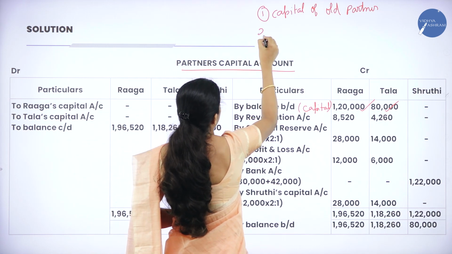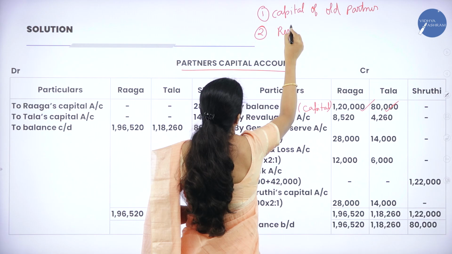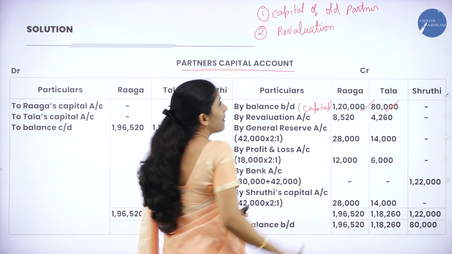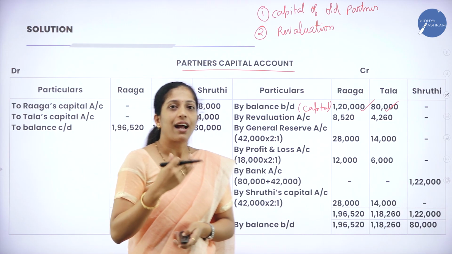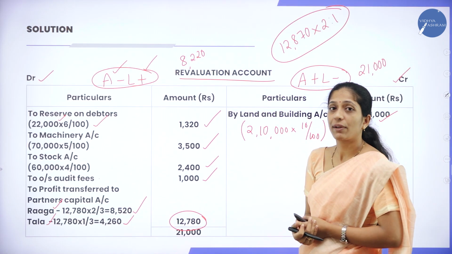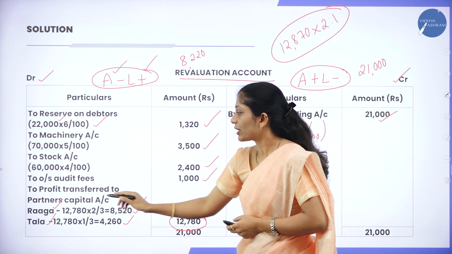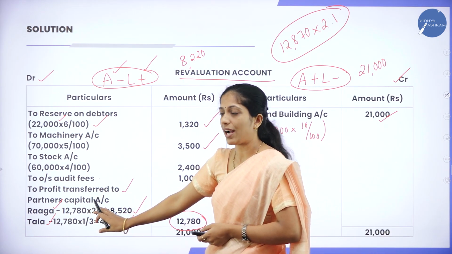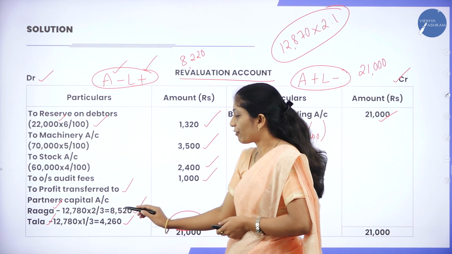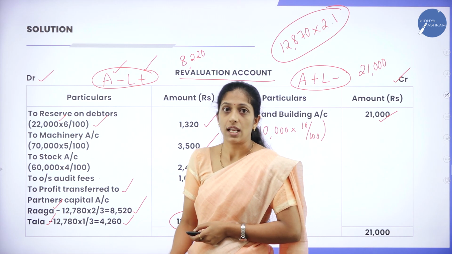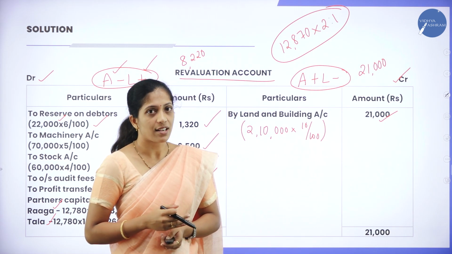Your second step is to transfer the revaluation account balance. We had already prepared the revaluation account, right? What is the balance of the revaluation account? It was profit, and we had distributed it to the old partners. What is the profit of each partner? 8,520 and 4,260. Now transfer that to the partners capital account.